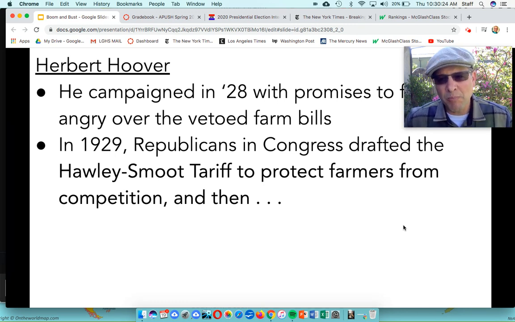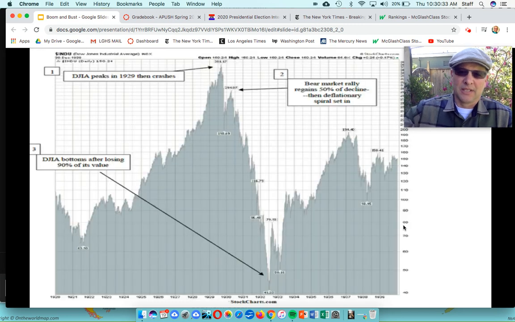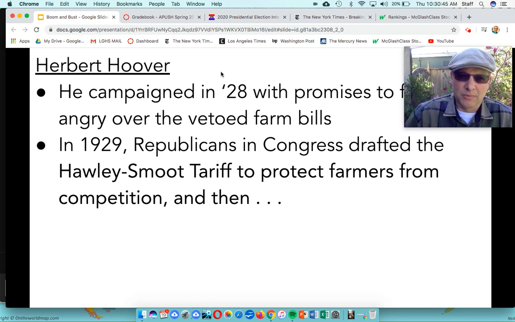The moment they released that bill publicly was the first dip in 1929. The very first little downturn was the day that Congress revealed what it was intending. And so some say that is the most immediate of the causes, was a sudden hike in tariffs.